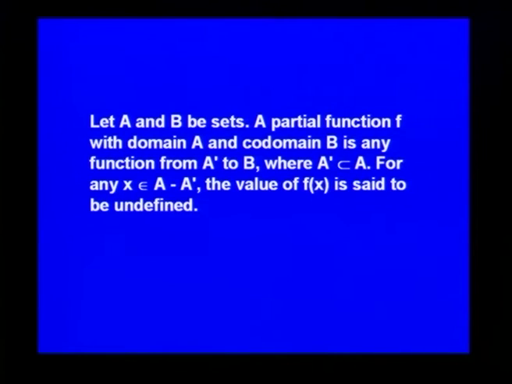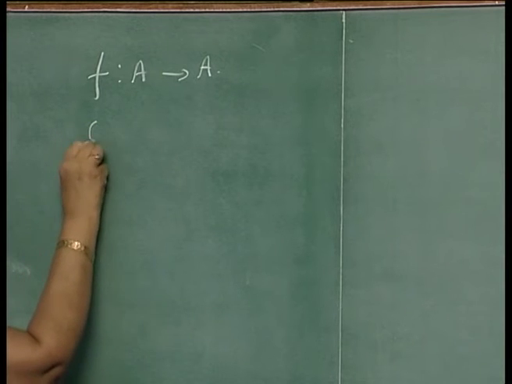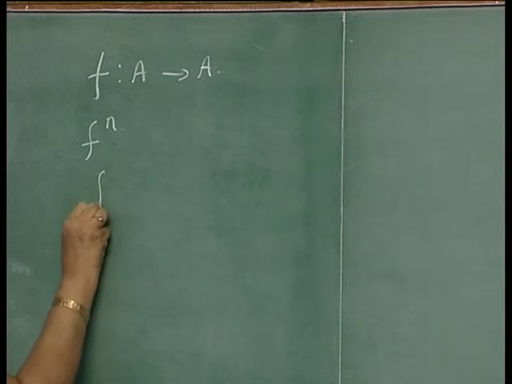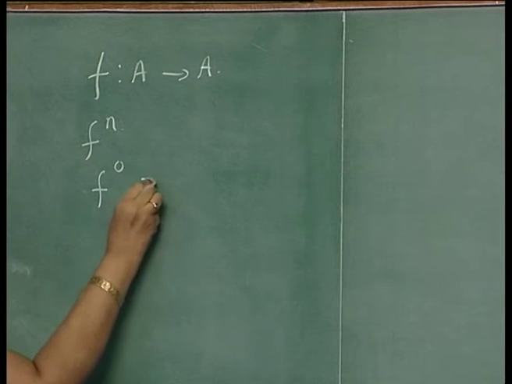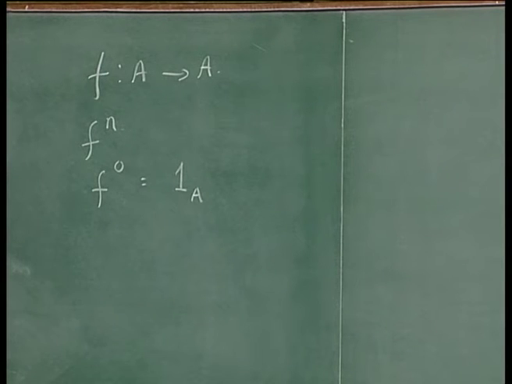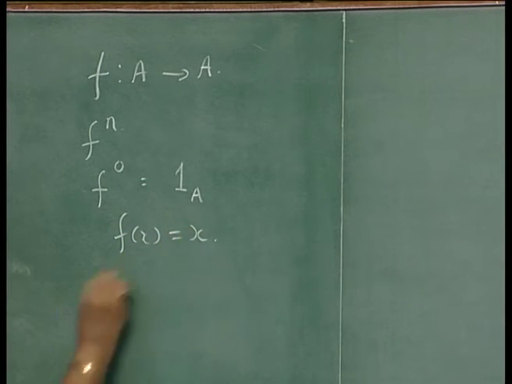Now, because composition of functions is associative, without any problem, if f is a function from A to A, then we can talk about f^n. f^0 will be the identity function, that is f(x) is equal to x, you define it like this.